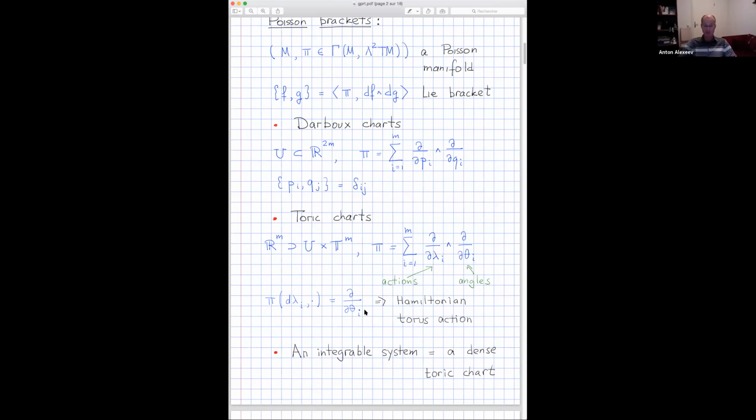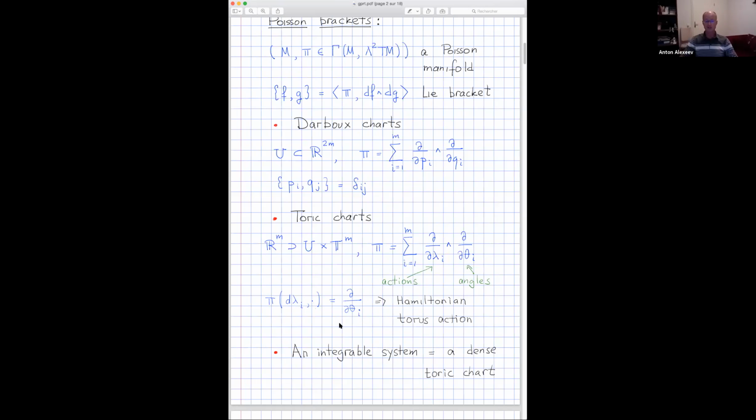Here we get something called the Hamiltonian action of the torus. This means that for those λ_i, if we substitute into π only one differential of a function instead of two, what we get is not a function, instead it's a vector field. This vector field is exactly the fundamental vector field for the action of the circle with number i. In total, all the λ's generate in that way an action of the torus.